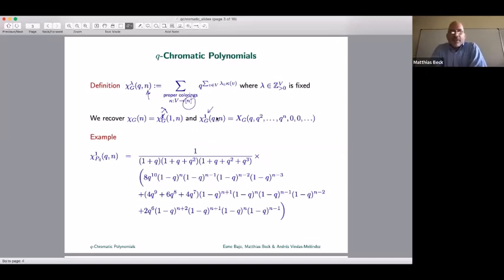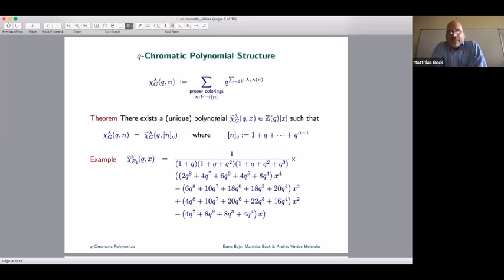So let me first give you theorem number 1, and then on the next slide I'll tell you why we're doing this. Theorem number 1 is the polynomial structure. It turns out this function is a rational function in q, but it wants to be a polynomial in n.